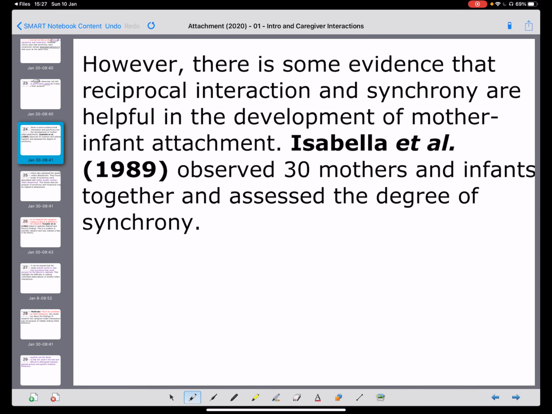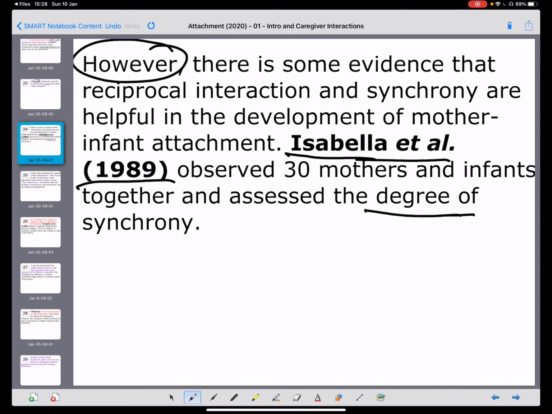I do have a however for this, and I really like this researcher, Isabella. In fact, some of the textbooks deal with her in much more detail. She was looking into caregiver-infant interactions, and she studied 30 mothers and infants, and the degree of synchrony, so how in sync they really were.